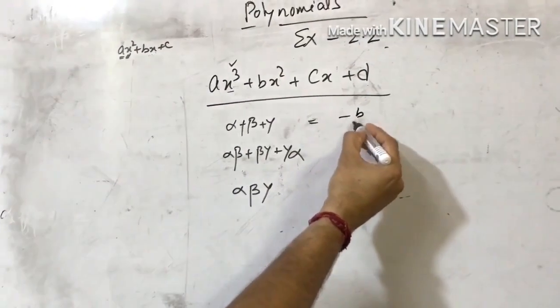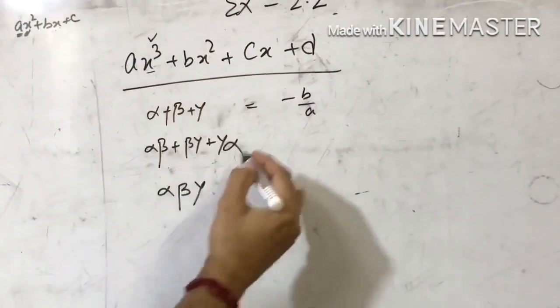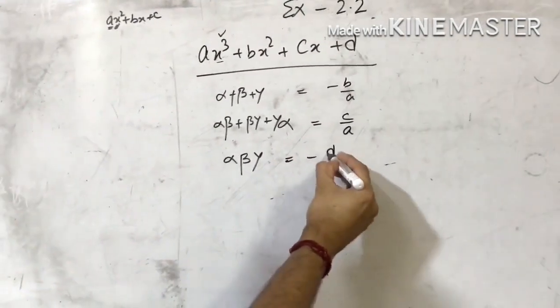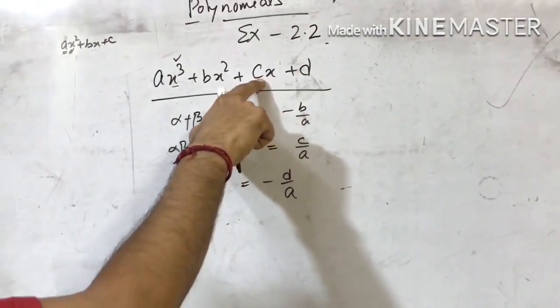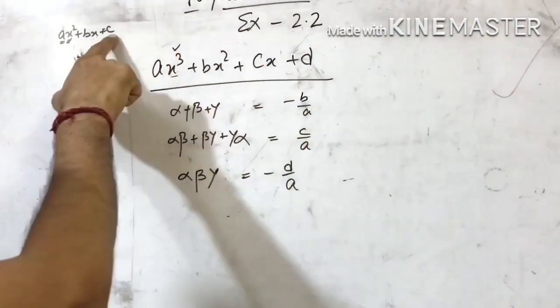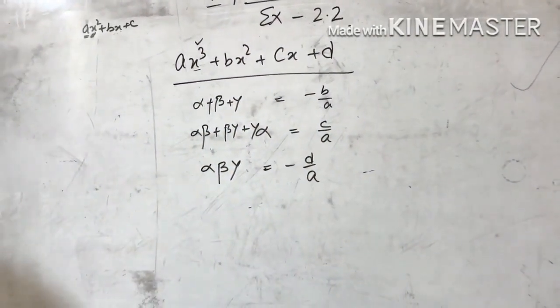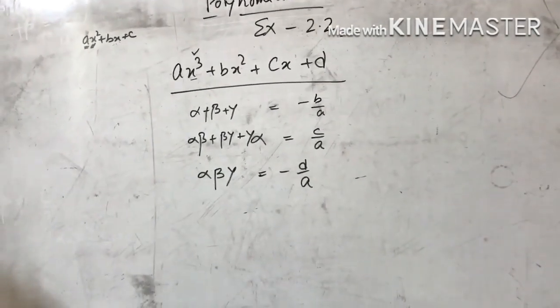The sum of roots will be minus b by a, where b is the coefficient of x square. The sum of product of roots will be c by a, and the product of roots will be minus d by a. d is the constant number here, but c is not constant in this equation. c was constant in the quadratic equation. Here it is the coefficient of x, and you have to keep these formulas in your mind. They will help you to do such questions.